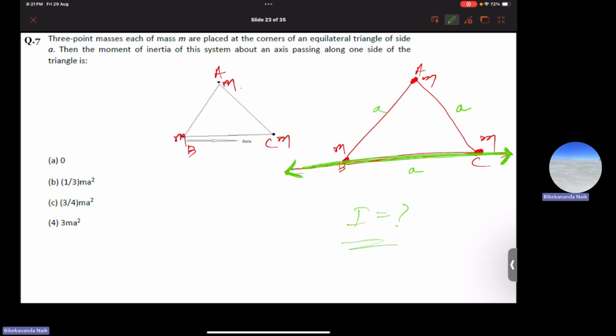So if we discuss, we know from the concept of moment of inertia of a system, if we are talking about an axis, it is the sum of the product of mass and square of the distance of that mass from that axis.